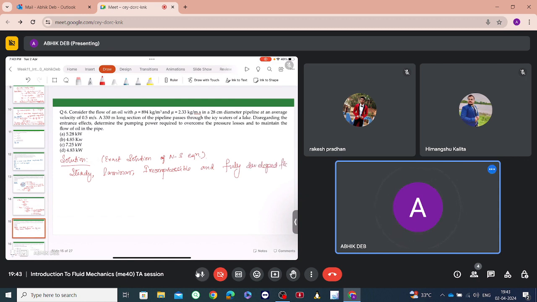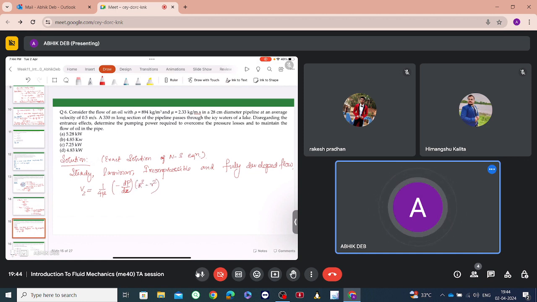So if we use these assumptions in the Navier-Stokes equation for flow through a pipe, then we will reach the condition, that is the velocity profile through the pipe as this: V equals 1 upon 4 mu into minus dp by dz, into R square minus r square.